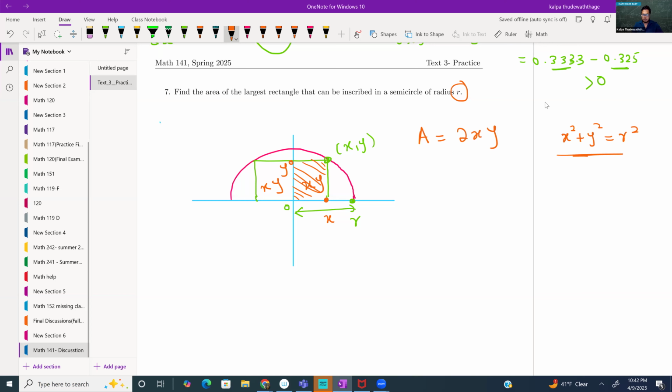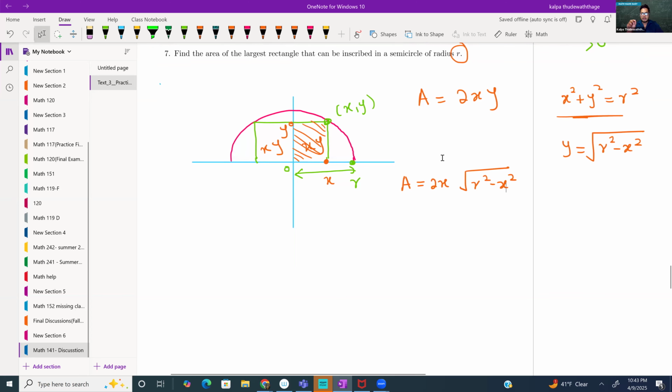So you can find that y is the square root of r to the power 2 minus x to the power 2, and you plug that back into your y. So now you have written your area of the rectangle purely in terms of x, no y involved.